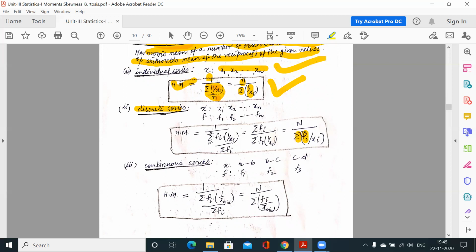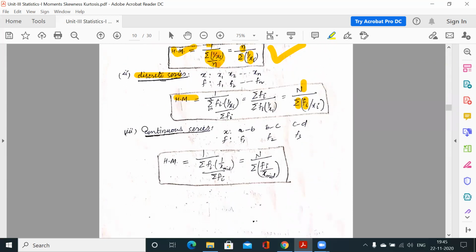We will add all these values, and n, meaning total frequency, divided by that number is our harmonic mean. And for continuous series, instead of xi, we will take the x mid, the middle points of each interval. We will reverse each middle value, 1 by x1, 1 by x2, 1 by x3, multiply by its corresponding frequency, add all the values, and n divided by that number is our harmonic mean.